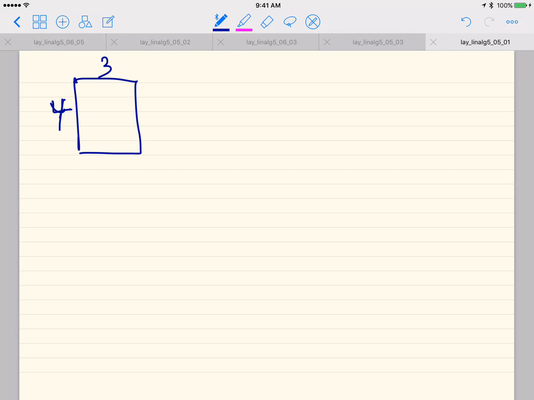Suppose you have some special vector V, and it should be represented as a scalar multiple of the original vector V. Does that even make sense? The answer is no. Why does it not make sense?